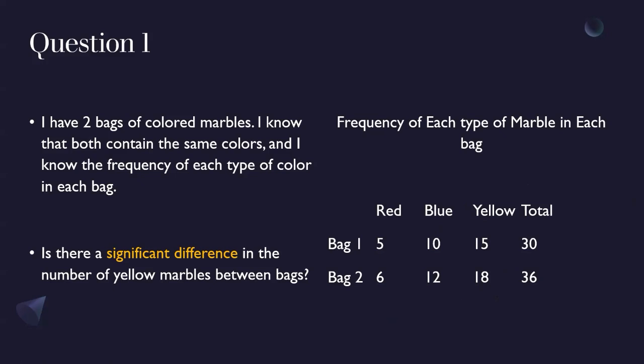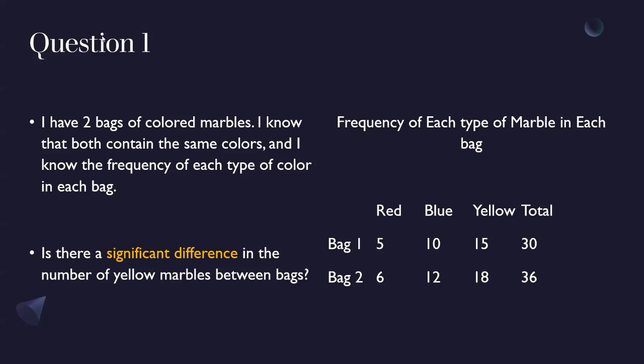However, since the number of marbles in each bag is different, we cannot easily make that conclusion. We can look at the proportion and determine whether one proportion is greater than the other, but how do we evaluate that for statistical significance? How can we say that one bag significantly has more marbles than another bag?